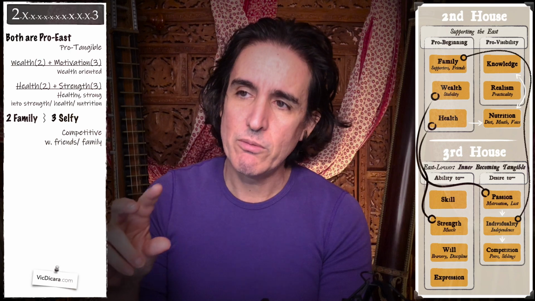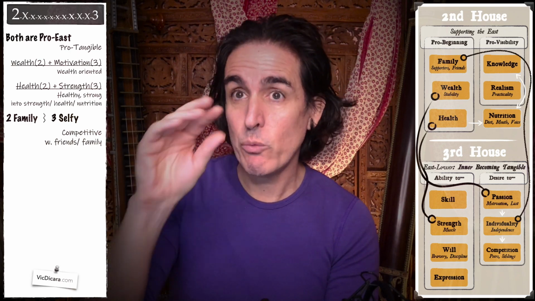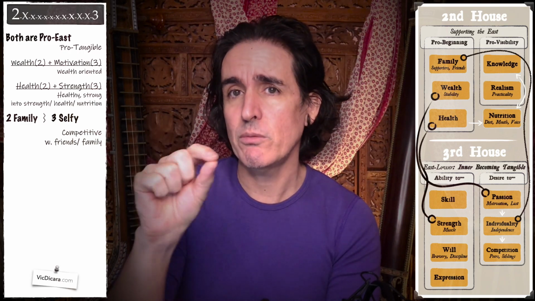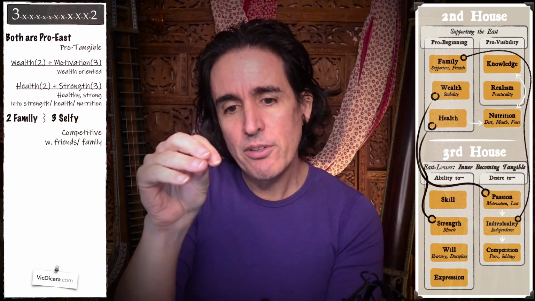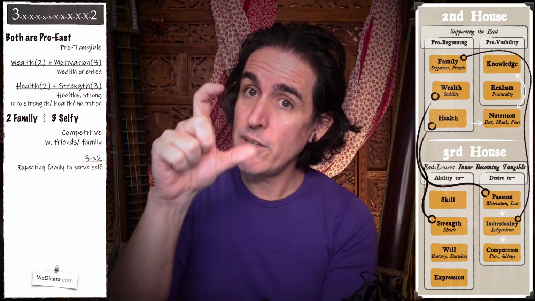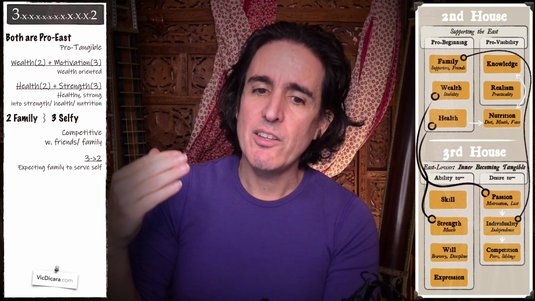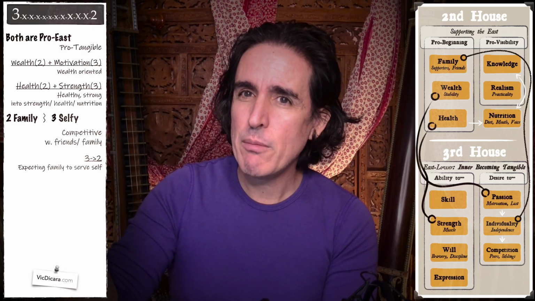And in this matter, we can identify slight difference depending on which lord goes where or which house is in which order. When the third lord goes to the second house, or when 3 comes first in the sequence followed by 2, then you expect the family to serve you.